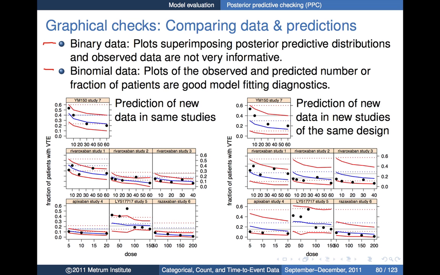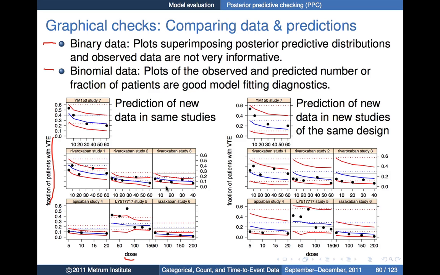And that's illustrated down here, where we're looking at plots of the observed and predicted fraction of patients that fall within a given category. So the example here is the one I showed you before, where we're trying to prevent postoperative venous thromboemboli. We're plotting the fraction of patients with a VTE on the y-axis versus dose.